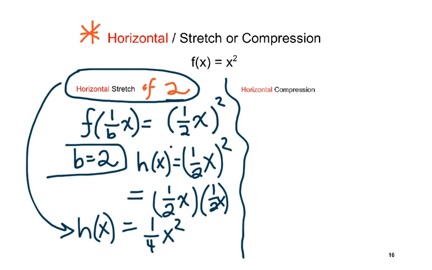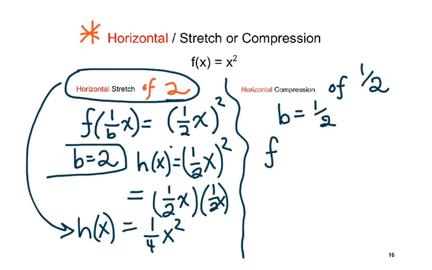Okay. Horizontal compression, let's say we do a horizontal compression of 1/2. Now here's where it gets real tricky. We're still using the formula or the notation f of 1 over b x for a horizontal stretch or compression. Our b value equals 1/2.